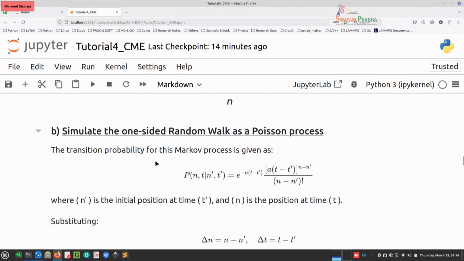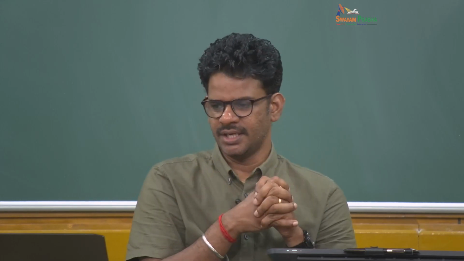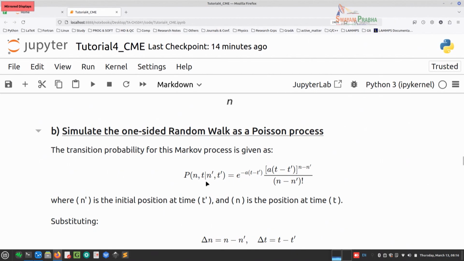The second one is to create the trajectory itself, okay, individual trajectories, and the way you do that is you can look at the analytical solution that we already obtained, which was a Poisson distribution. So here we have written, for n prime at t prime, the probability of being at n comma t, which is given by the time difference t minus t prime.